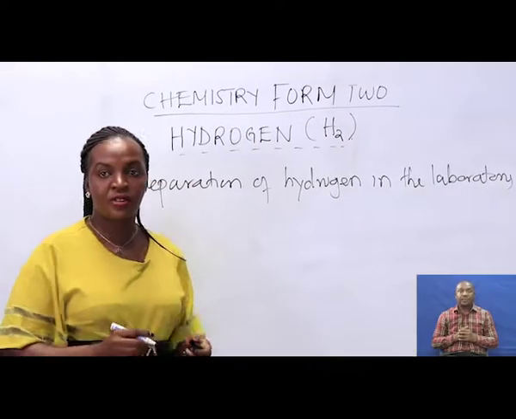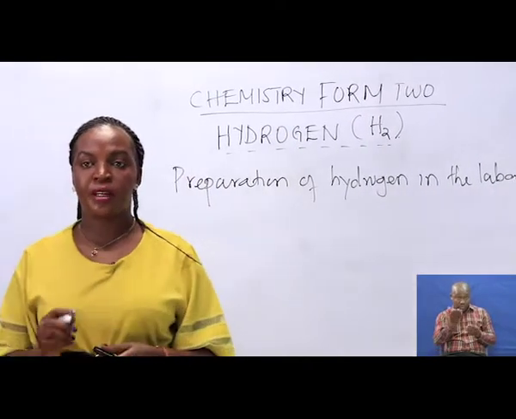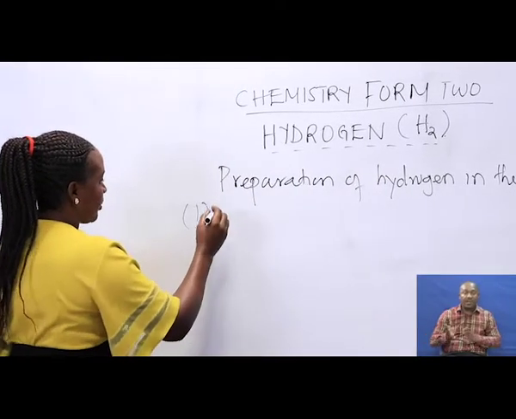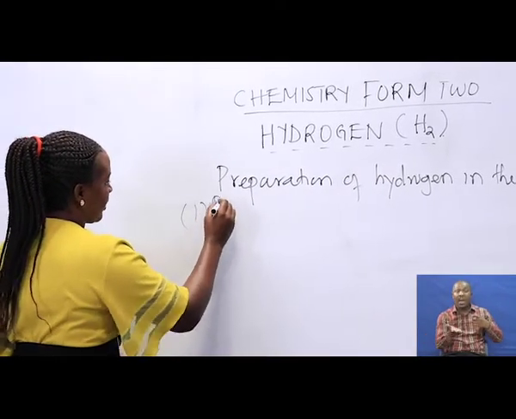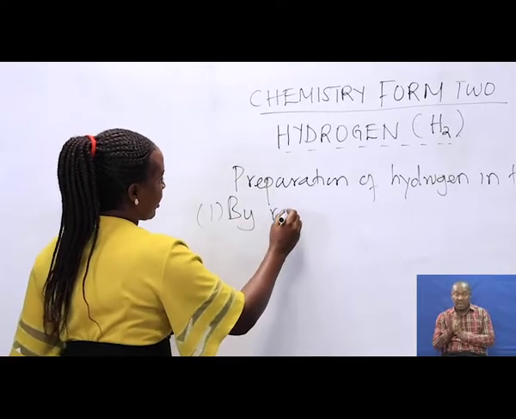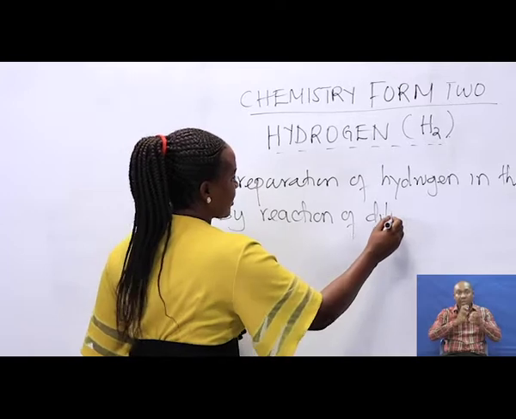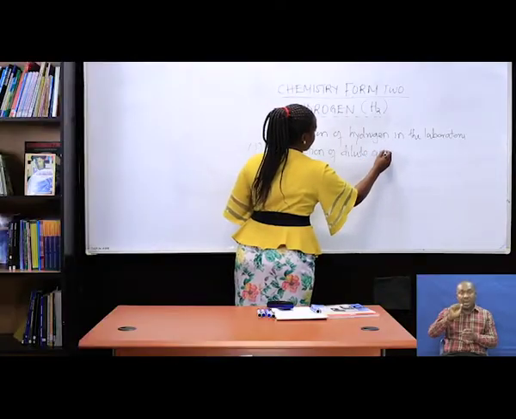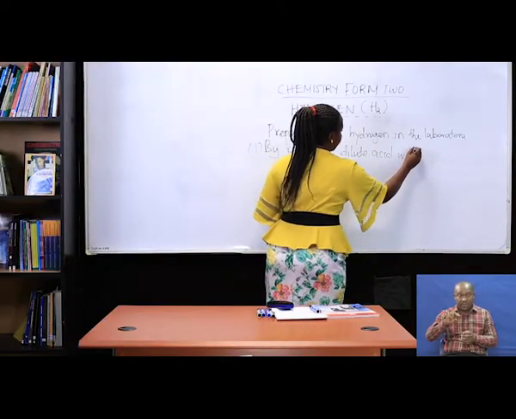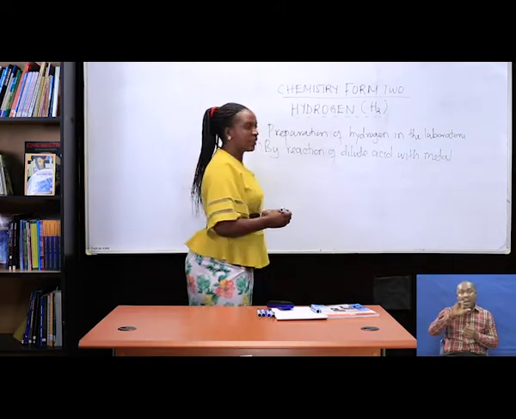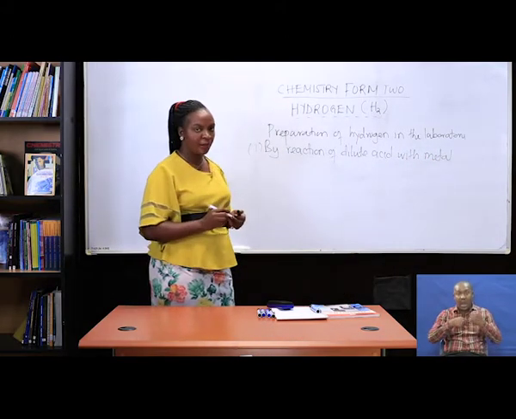As I told you, hydrogen can be prepared by various methods. Number one, hydrogen can be prepared by reaction of dilute acid with metal. That is number one, whereby we can prepare hydrogen in the laboratory.